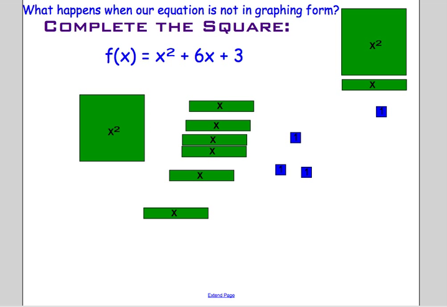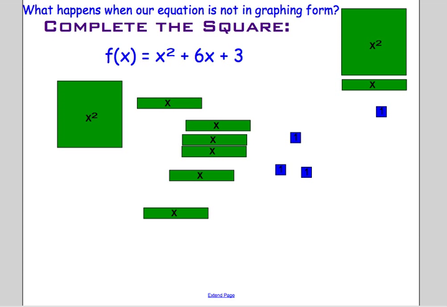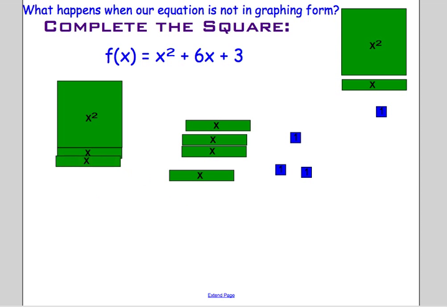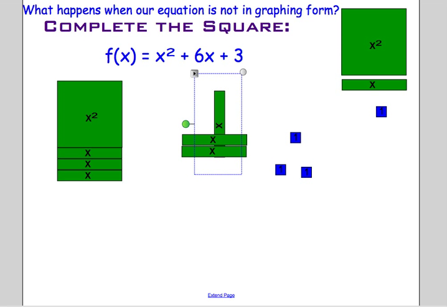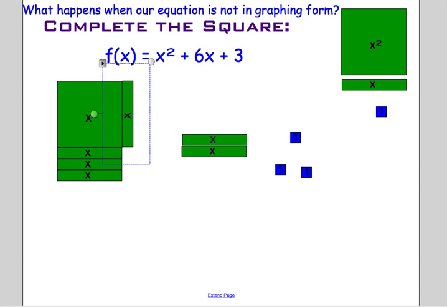I'm going to leave that x squared in the top corner, and I'm going to take 3 x's and put them along the bottom here. And I'm going to take 3 x's and turn them and put them on the side.